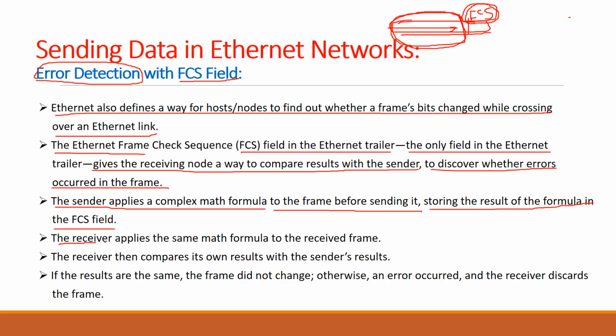Then the receiver applies the same mathematical formula to the received frame and compares its own results with the sender's results. If the results are the same, the frame didn't change, meaning it is error-free. Otherwise, the frame has errors and the receiver discards the frame.